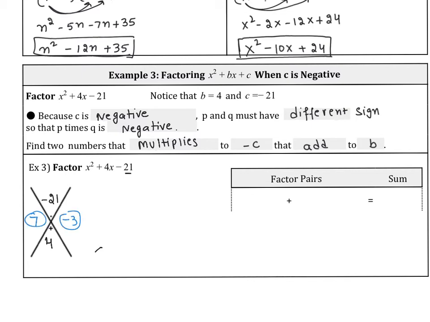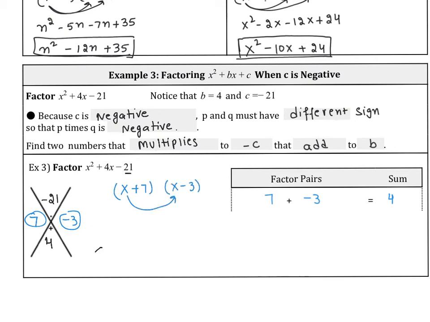And you can see that 7 minus 3 is 4, and 7 times negative 3 is negative 21. So p and q should be different signs. Now we're going to write it into factor form. So x plus 7 times x minus 3.